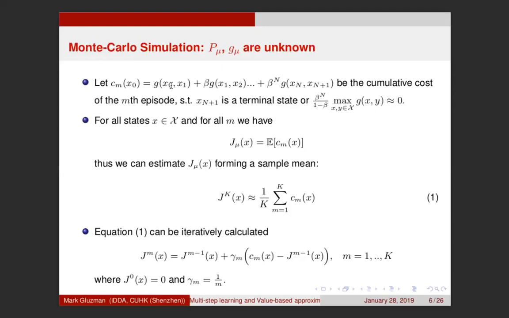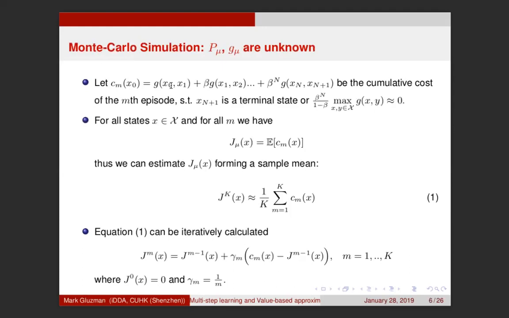Another drawback is we need to estimate the value function for each initial x. So basically, for each state from our state space, we need to run multiple episodes. And even in this case, our estimation of the value function will be very noisy.